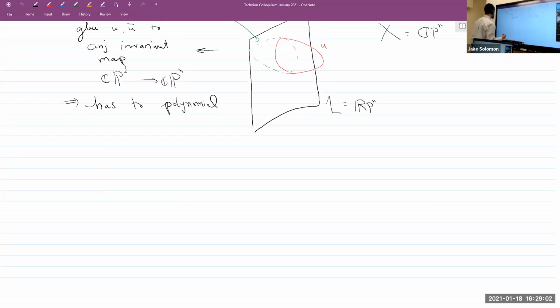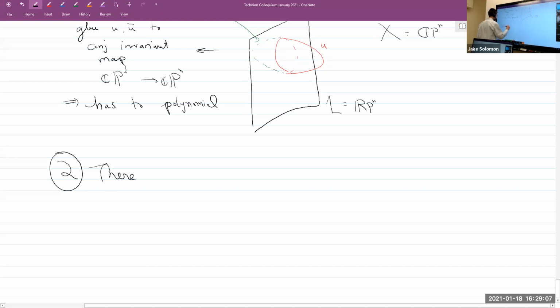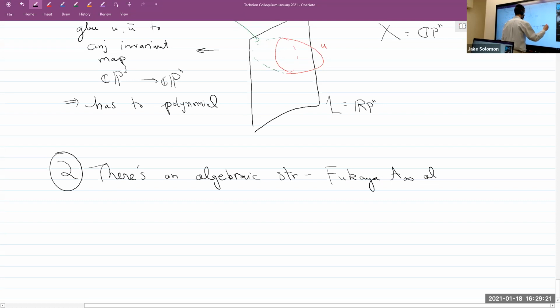You turn things into a discussion about disks. And then there's an algebraic structure called the Fukaya A-infinity algebra associated to any Lagrangian submanifold.